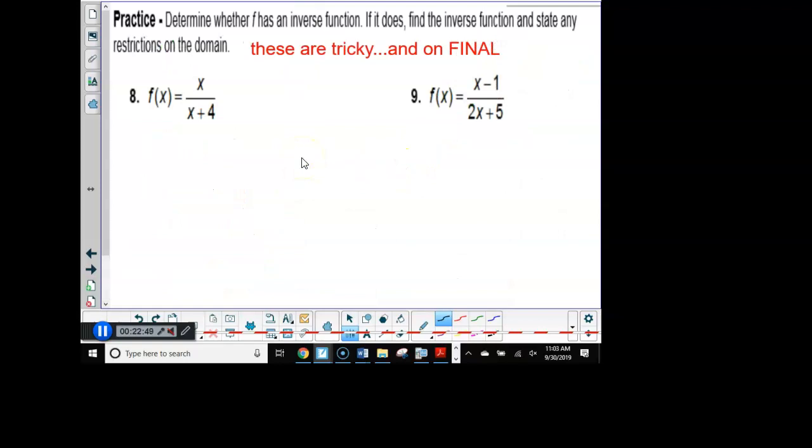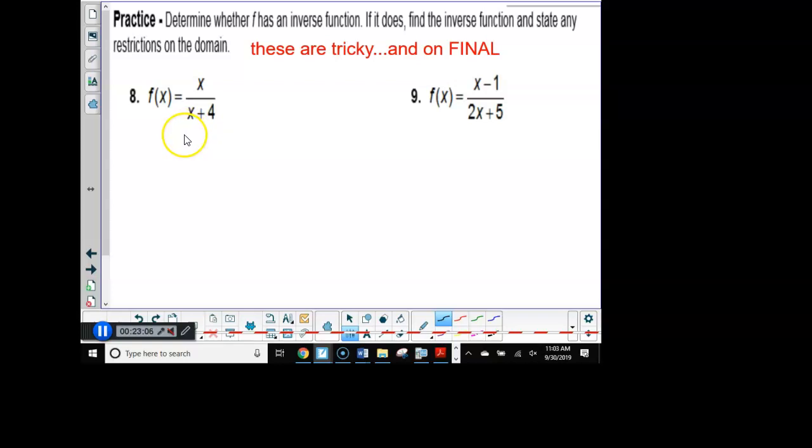These are the kind that, of course, we do in pre-calc because they're tricky. Why is this going to be tricky? Because there's an x in two places, right? So when we switch the x and the y, we're going to have a y in two places.